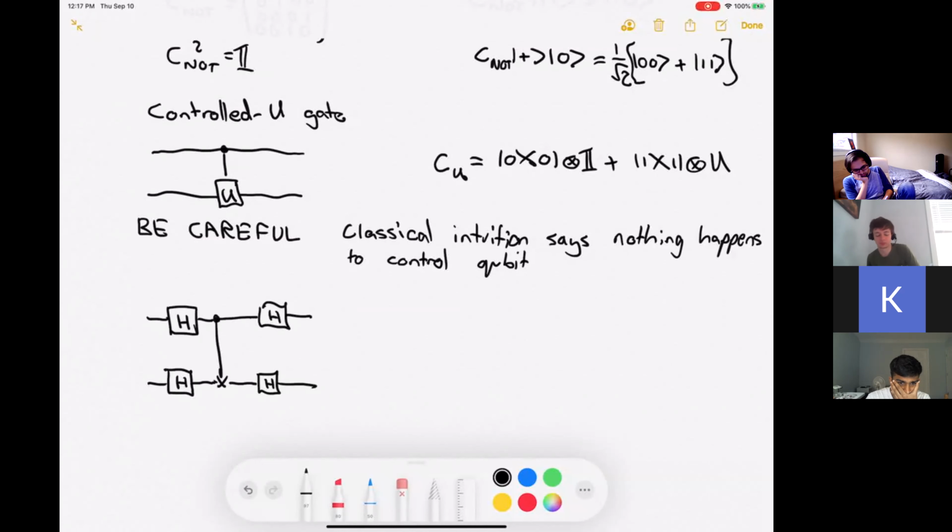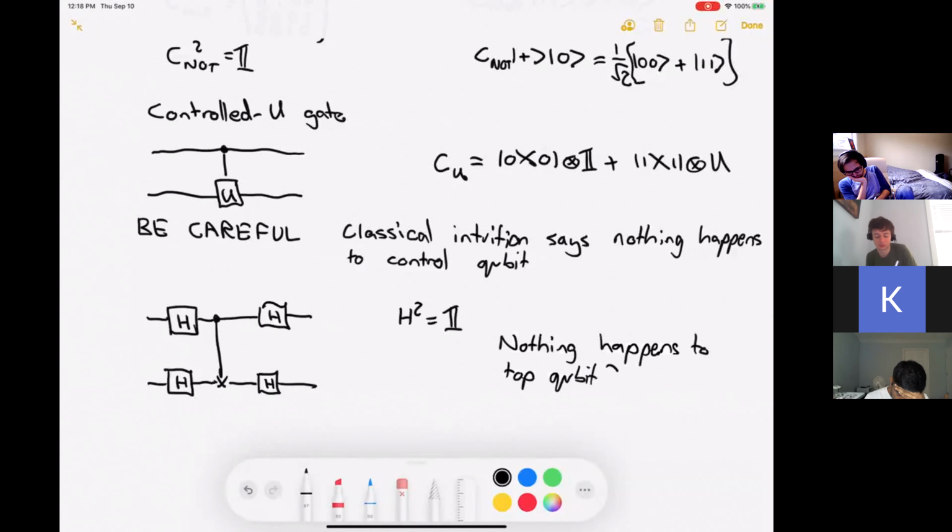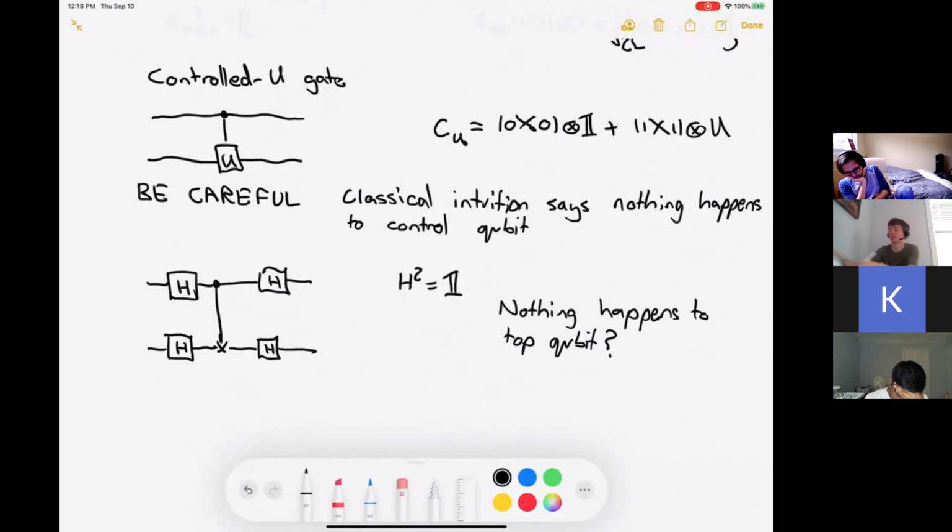So remember that the Hadamard squared just flips the X and Z basis twice, so it's just the identity. So this top qubit has a Hadamard applied, then it just controls something else, but nothing happens to it, and then another Hadamard is applied. So seemingly, nothing happens to the top qubit. We'll see that this is very definitely not the case.